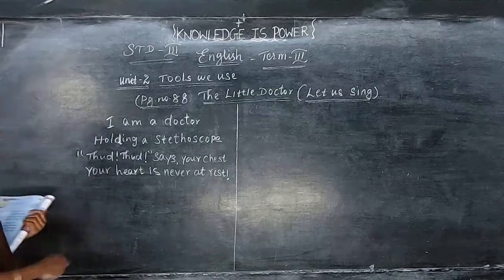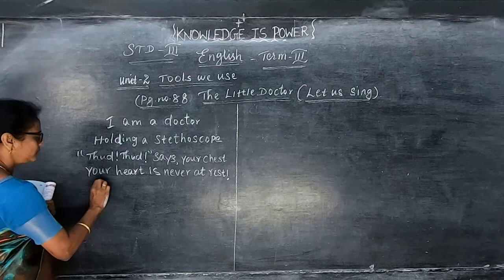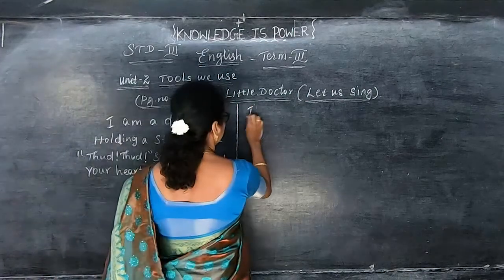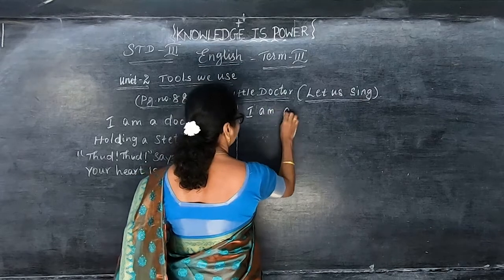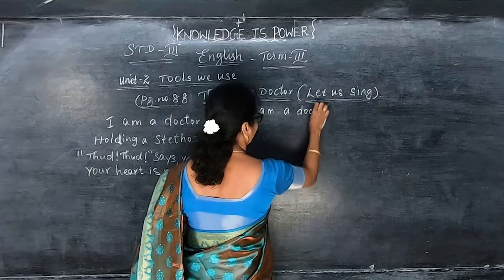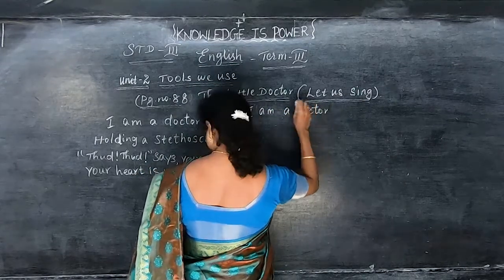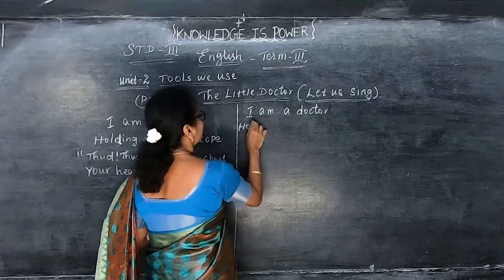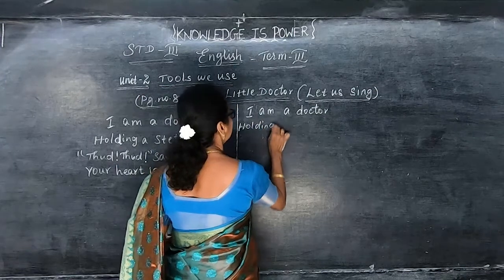Then again the second line. I am a doctor. I am writing here. I am a doctor holding a stethoscope. Same line, mind it. Holding a stethoscope.